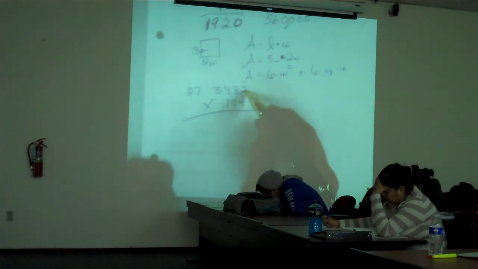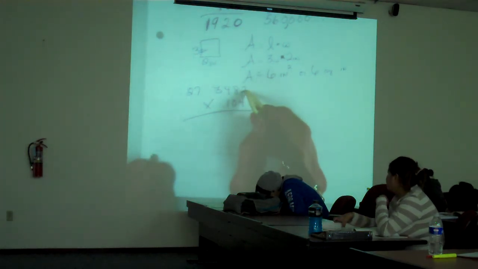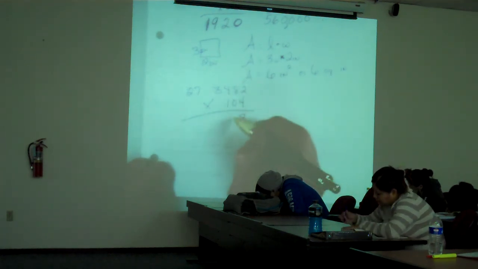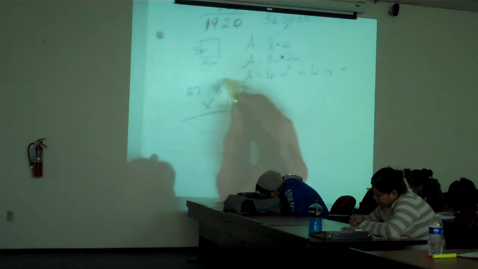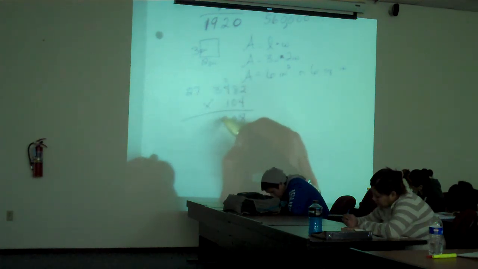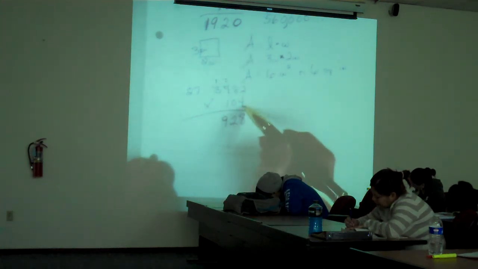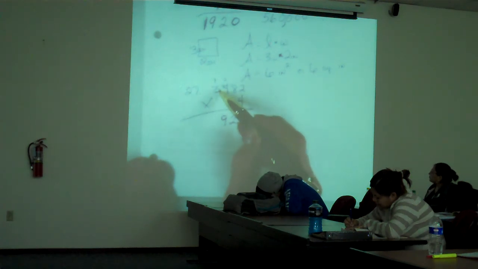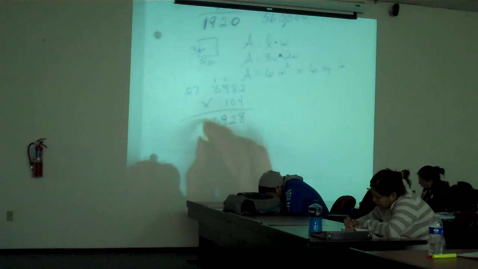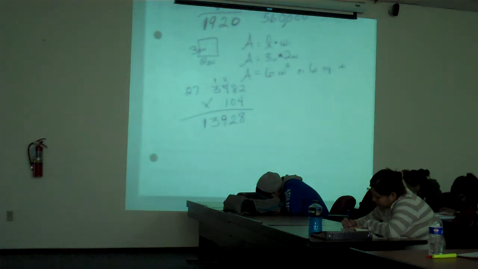So 4 times 2, 8. 4 times 8, 32. Put the 2 and carry the 3. 4 times 4, 16. 16 plus 3, 19. Put the 9, carry 1. 4 times 3, 12. 12 plus 1, 13. There's nowhere to carry it, so we'll put it there.